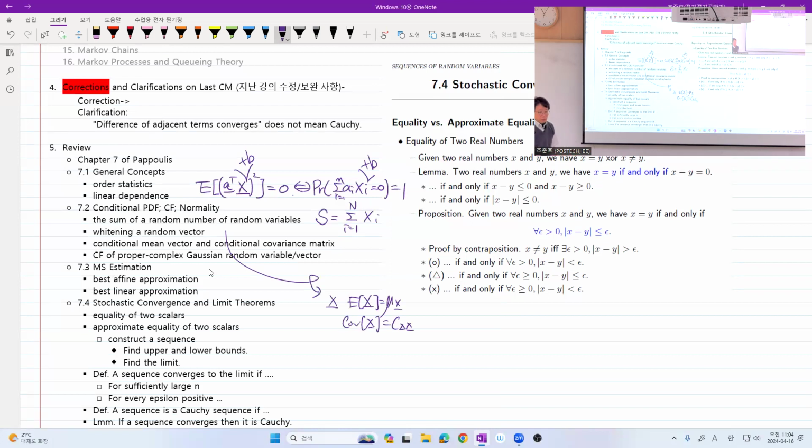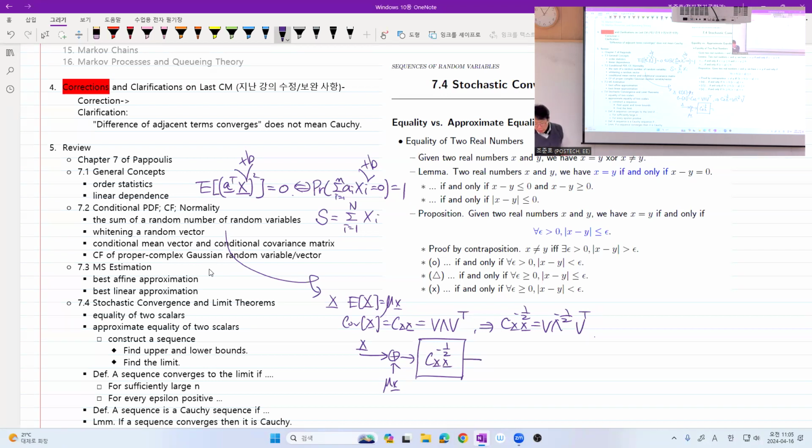In that case, one way to whiten it is that you first subtract the mean, and then you multiply by the inverse square root of the covariance matrix, which is defined by using the eigen decomposition, not necessarily orthonormal, but you can use this definition of the square root of the covariance matrix.